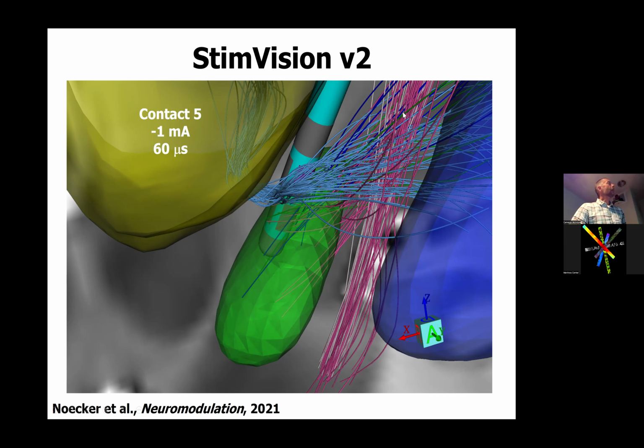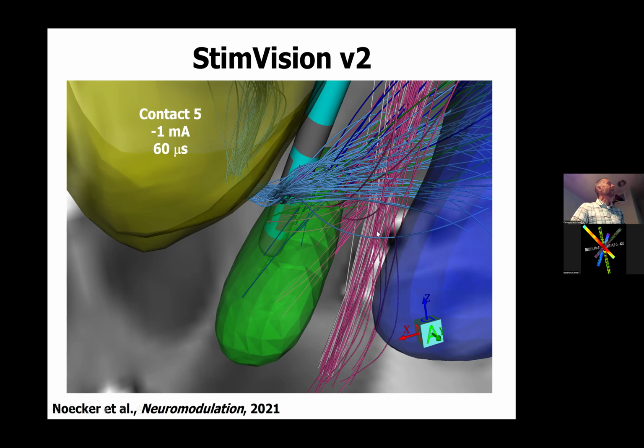The axon keeps going. The parent axon comes from a layer 5 pyramidal neuron, down through the internal capsule, and keeps going down into the brainstem. But it has this collateral that shoots off and innervates the subthalamic nucleus. Now, unfortunately, we almost always get a little bit of stimulation of the internal capsule fibers of passage.